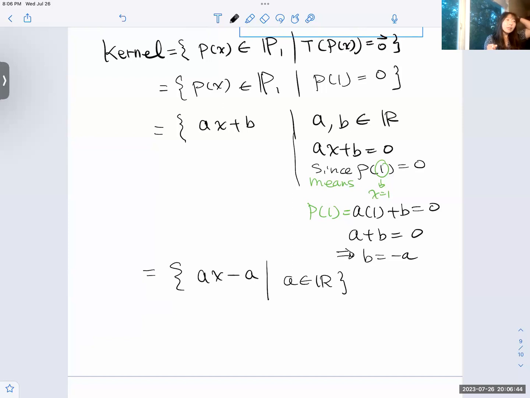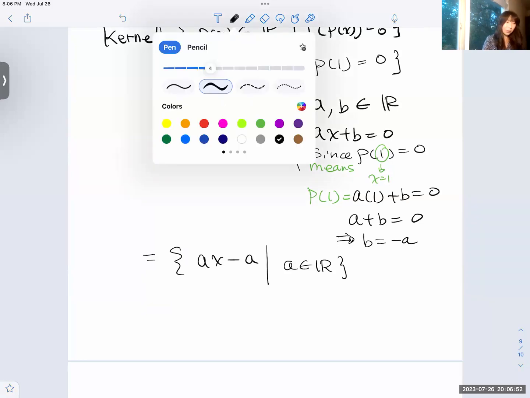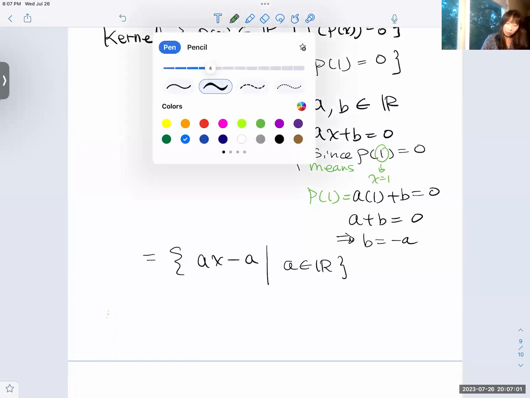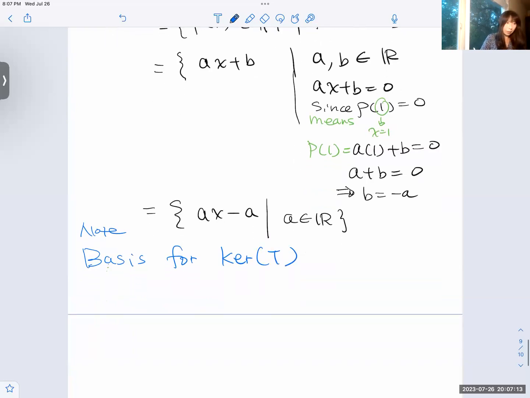Okay, now they talk about the basis here. It's very interesting. So the basis for the kernel of T is the set containing X minus 1.